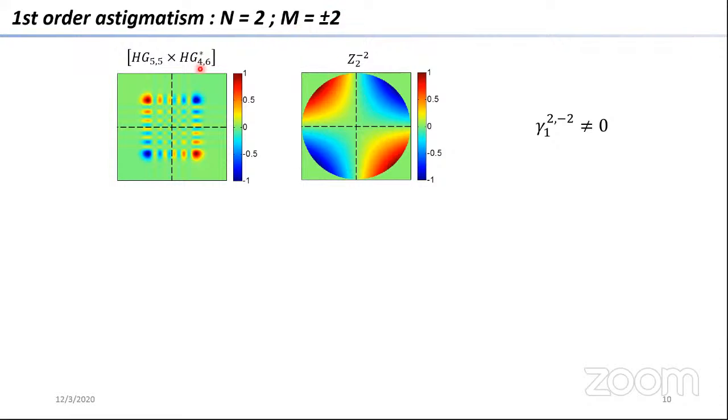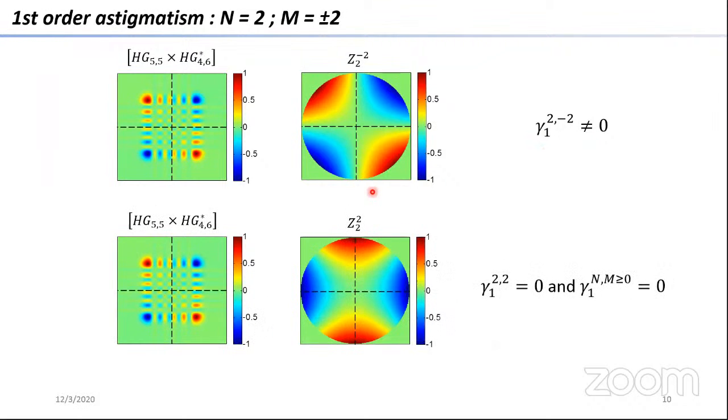And we look at the symmetries here between the product and the Zernike polynomial. And we see that with symmetry, the coupling will be different from 0. But if we take the other astigmatism polynomial, for symmetry reasons, we'll always see that it's equal to 0.